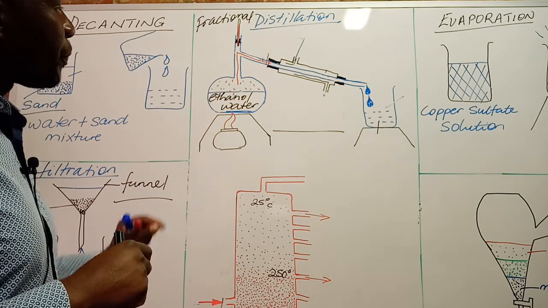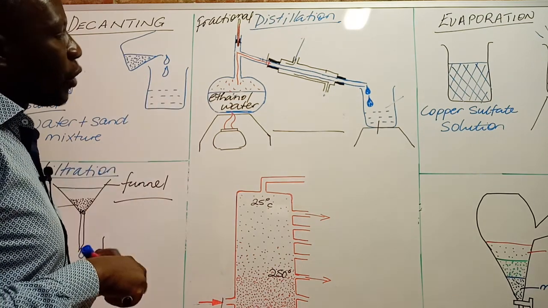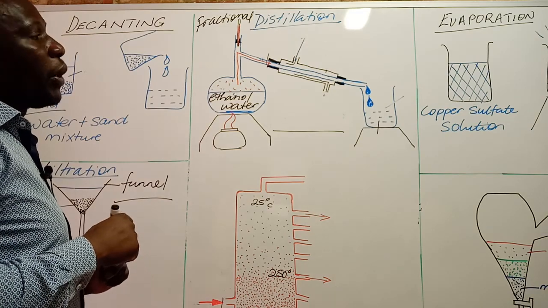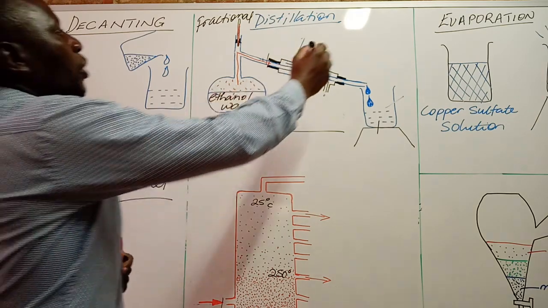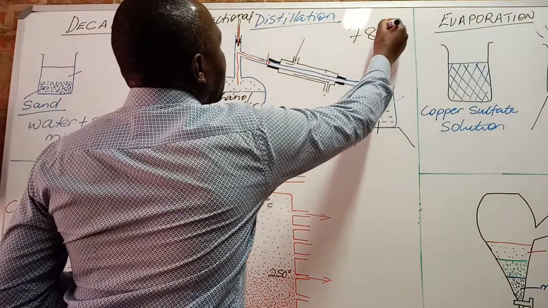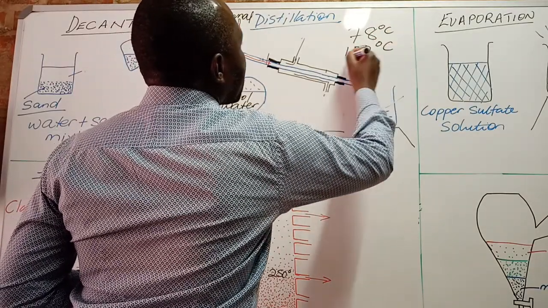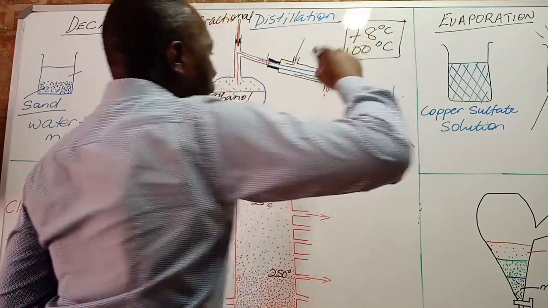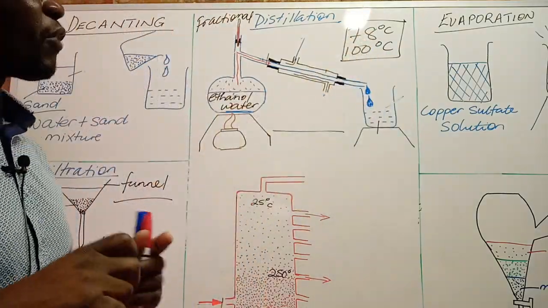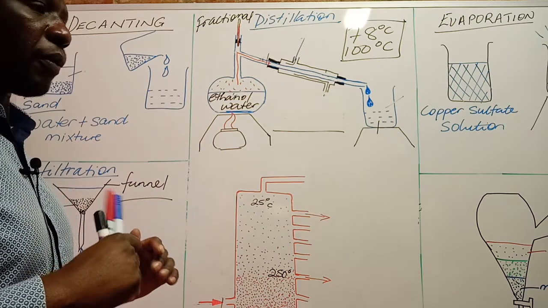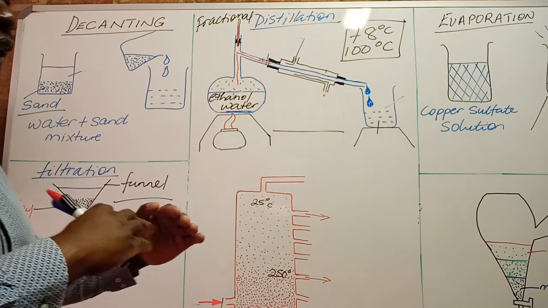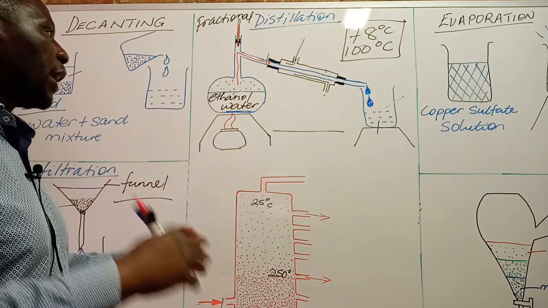However, these two liquids have got different boiling points. Ethanol boils at 78 degrees Celsius and water boils at 100 degrees Celsius. So that is where the name fractional distillation comes from. The boiling points are fractional, they are not the same.